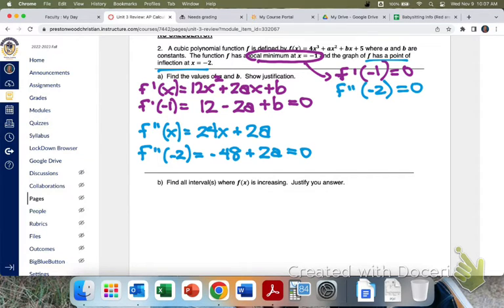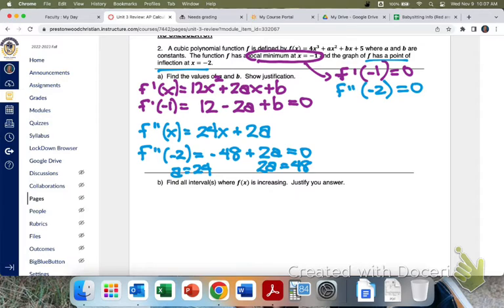If I still had an a and a b, I would do elimination or substitution, but b's gone now, so I can solve for a. 2a is equal to 48, therefore a is equal to 24.